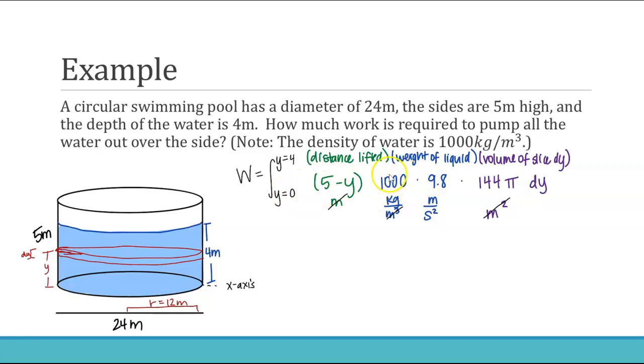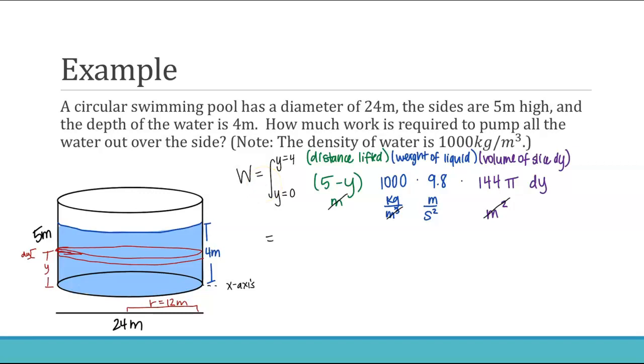And we can pull out all of these values, 1000 times 9.8 times 144 pi, all of those are just a coefficient. It's just a number that's multiplied times 5 minus y. So I can pull it out of the integral completely to make my integration simpler.